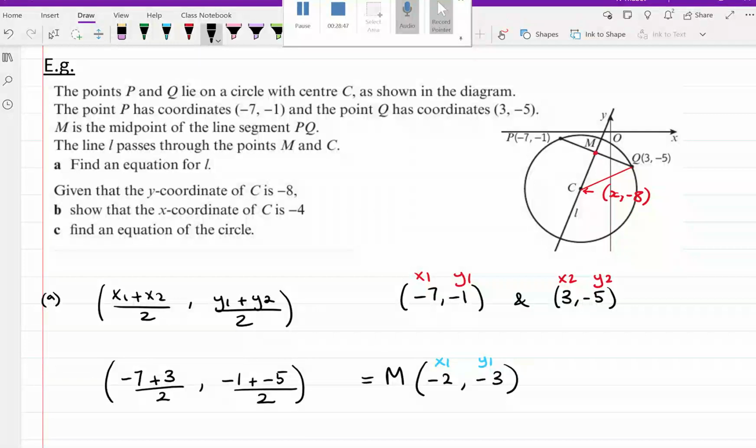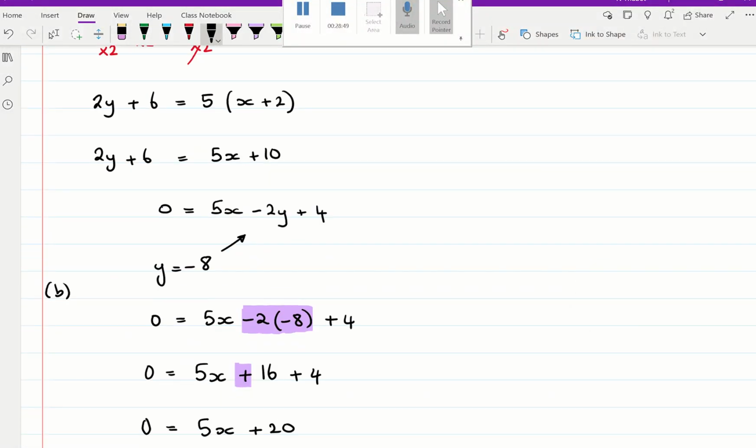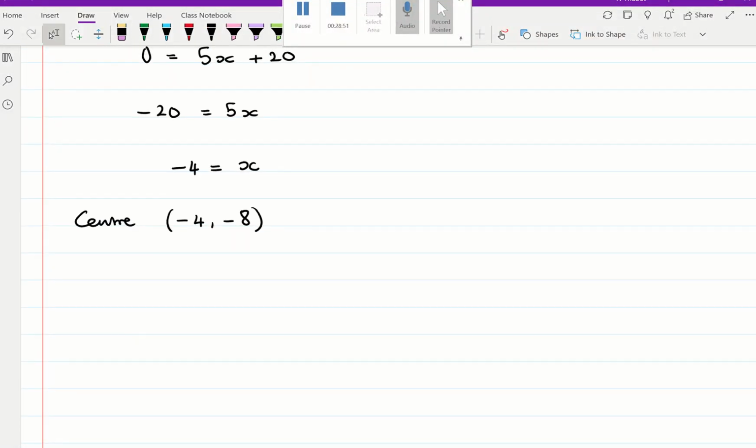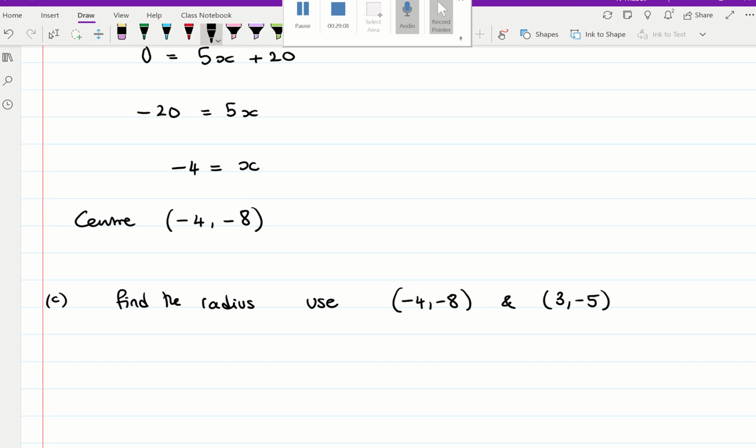So 3 minus 5. Okay, so I need to find the radius first. So I'm going to use negative 4, negative 8, and 3, negative 5 to find the line. So x1, y1, x2, y2.